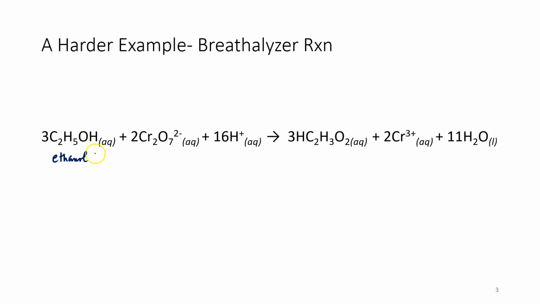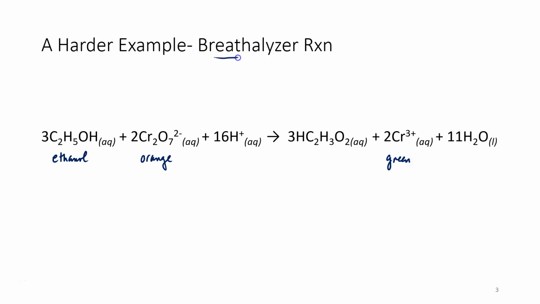And when ethanol reacts with dichromate, well, this dichromate ion is orange in solution. It gets converted into chromium-3, which is green in solution.